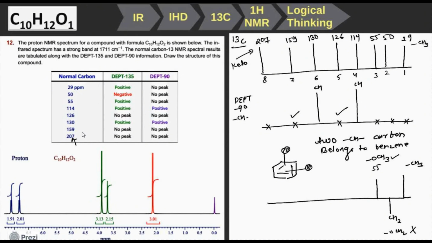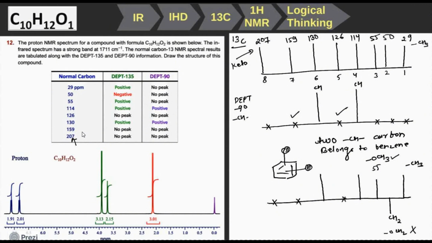This peak number 114 is positive, of course, and 126 is missing here because there is no hydrogen. 130, of course, there will be a peak, and 159 is missing, as we know that it is a quaternary carbon, and this is keto, it is also missing.